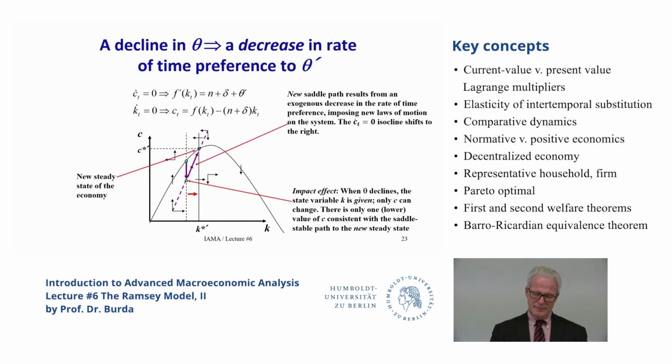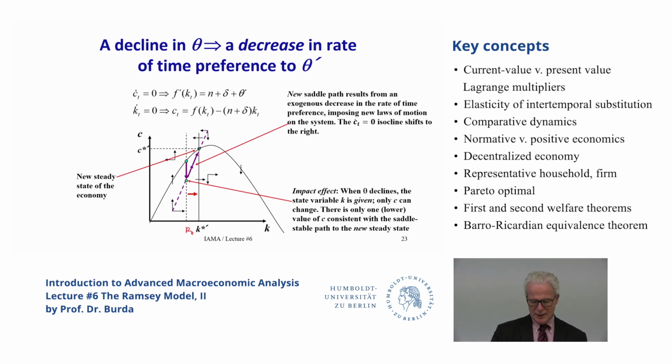So there will have to be a one-off change in the only jumping variable in this model, which is consumption. And if consumption goes down, that means that savings or investment goes up. The capital stock, however, stays at the initial condition. So think of this as K0. Under the new conditions, consumption would have to be scaled back by probably not an insignificant amount.